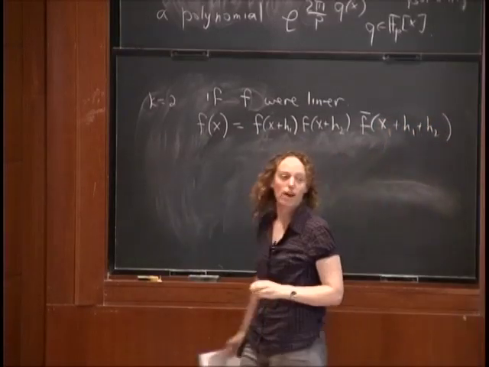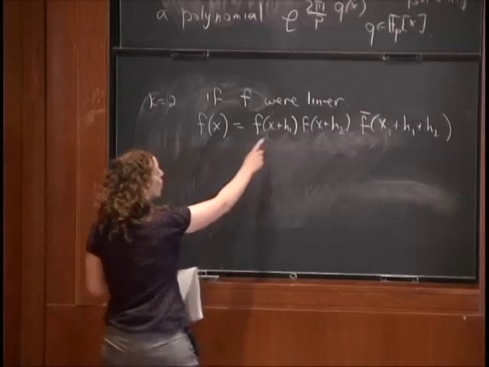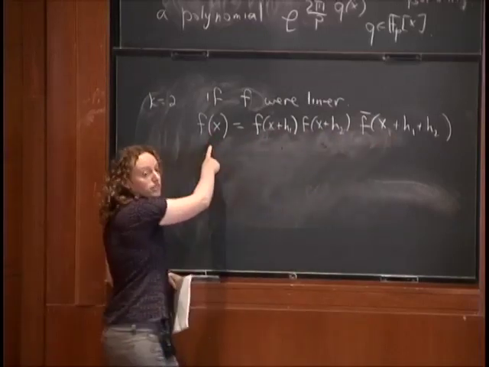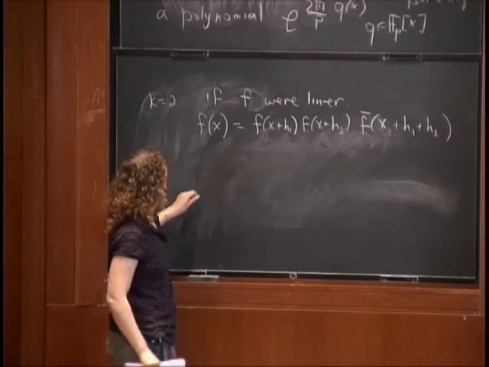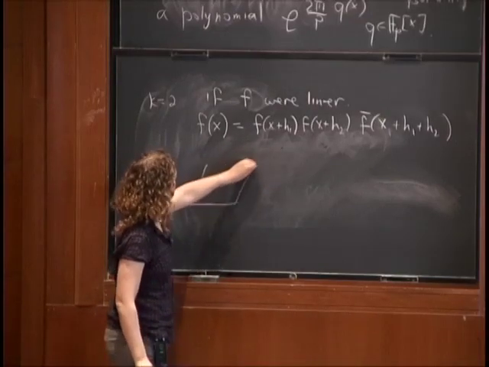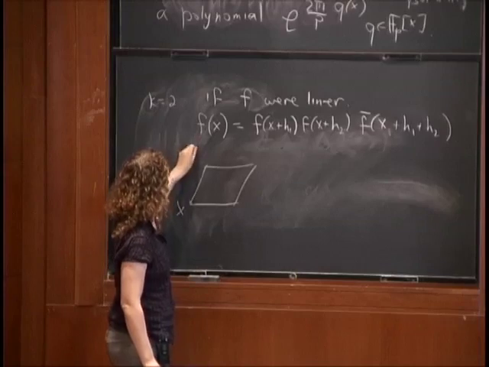Right, everything cancels out. So if you know the values at these points, then f of x is determined by that. So what can you do? Well, each point x belongs to many of these cubes. This is x plus h1.